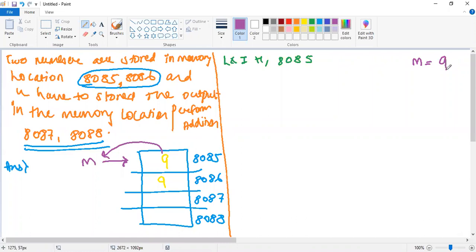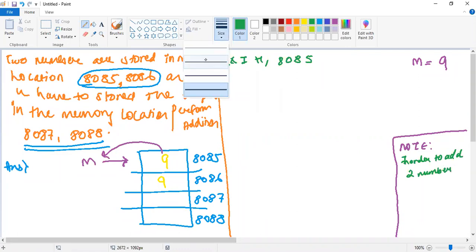See, we have to add two numbers. Okay, fine. First of all, let me write some notes, then it will be easier for you. In order to add two numbers, one number must be in the accumulator.